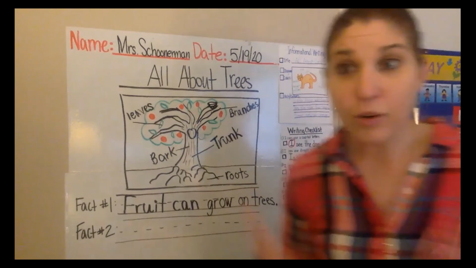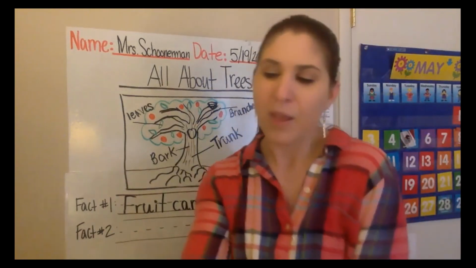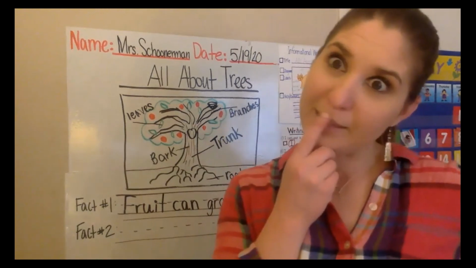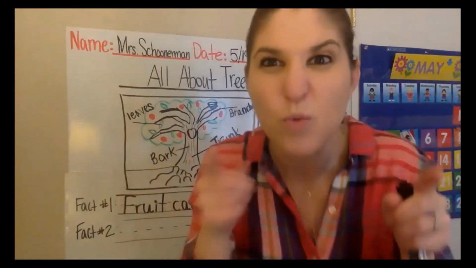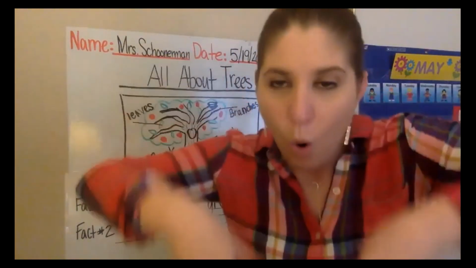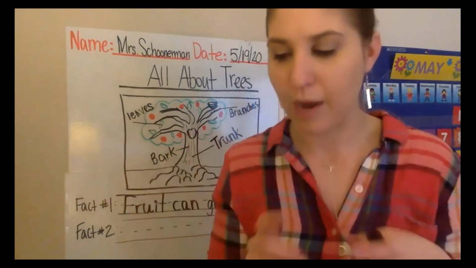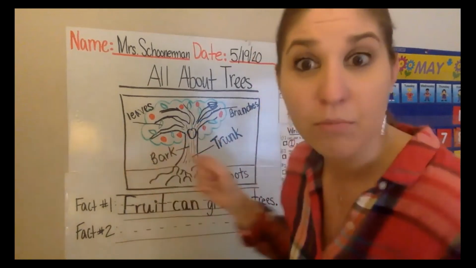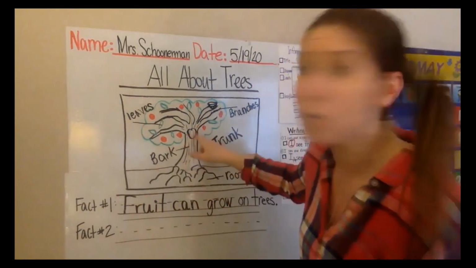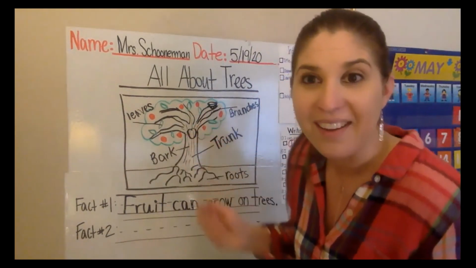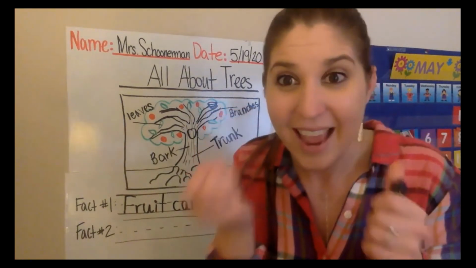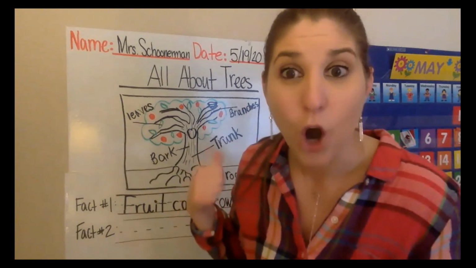So that's your challenge, that's your target. Maybe you're going to tell a fact about, let's see, that the roots, maybe you know that the roots hold the tree in place in the ground. Maybe you know that animals like birds or squirrels or owls sometimes make their homes in trees.